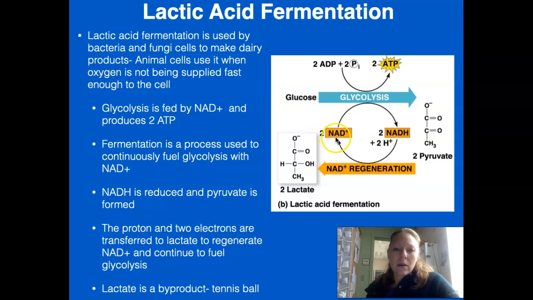It's not going to be used, and so we need to oxidize the NADH into NAD plus so that it can fuel glycolysis. And so what is going to do that is that we're going to add those hydrogens to pyruvate to make lactate, which then becomes lactic acid.